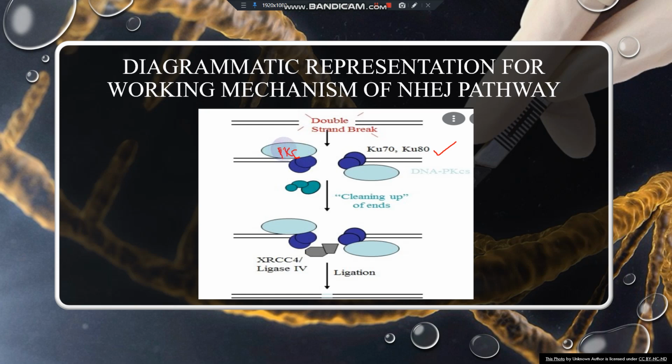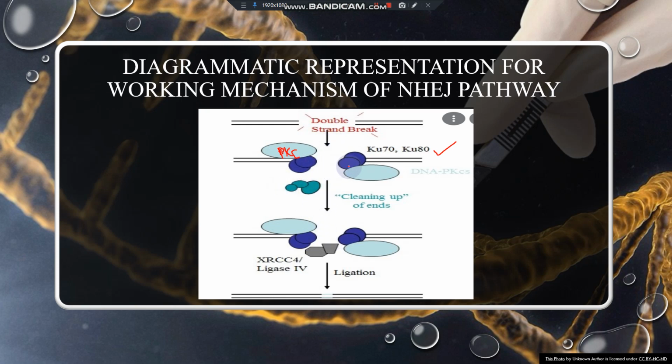So these Ku70 and Ku80 proteins recruit this DNA protein kinase, and together they form a tight complex. They also help in clearing up the ends. As I mentioned earlier, the sticky ends are left behind, so this is the clearing up of the sticky ends from the double-stranded break of DNA.